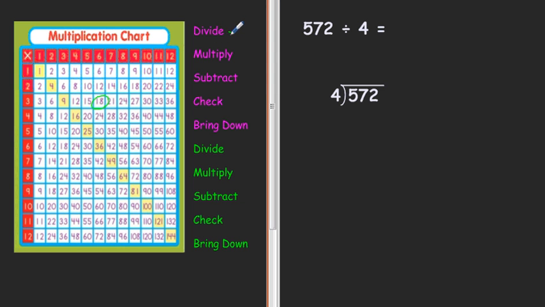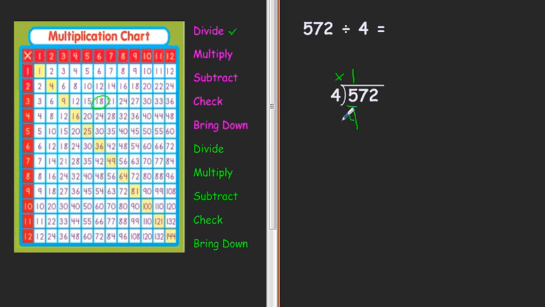Divide. So 4 divided by 5, I can't do that. 4 is smaller than 5, so I have to look at the 5 instead. And remember, I might put a multiplication sign right here so I know I can multiply. So divide, 5 divided by 4. So I'm going to look only at this one. 1 times 4 is 4.